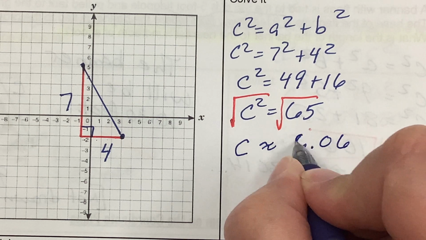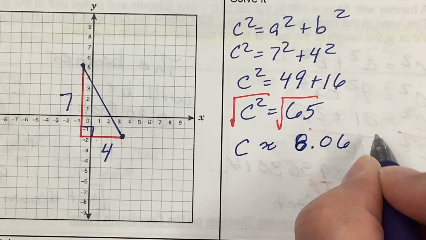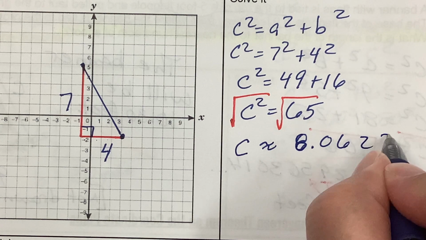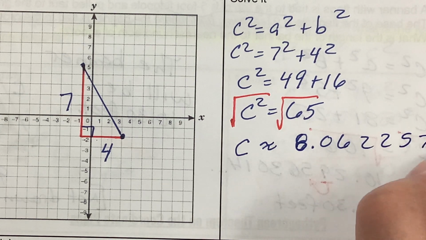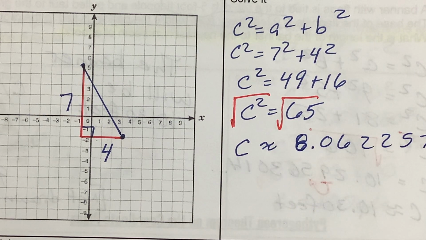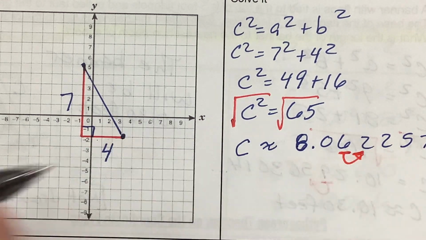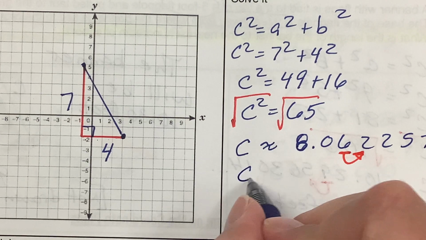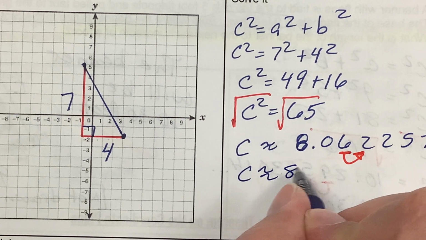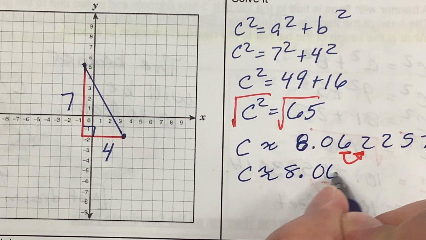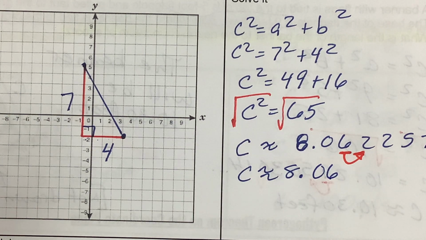Wait, sorry, that's not a 6, that's an 8. Make it look like an 8. 8.0622577, blah, blah, blah. Looking at the 2, it says stay the same. So C is approximately 8.06.